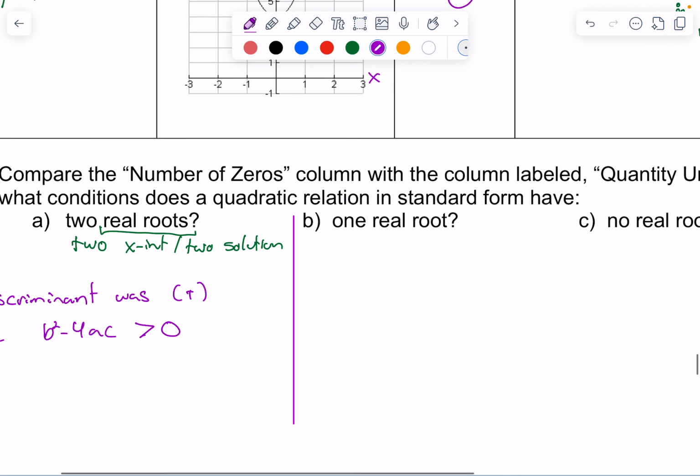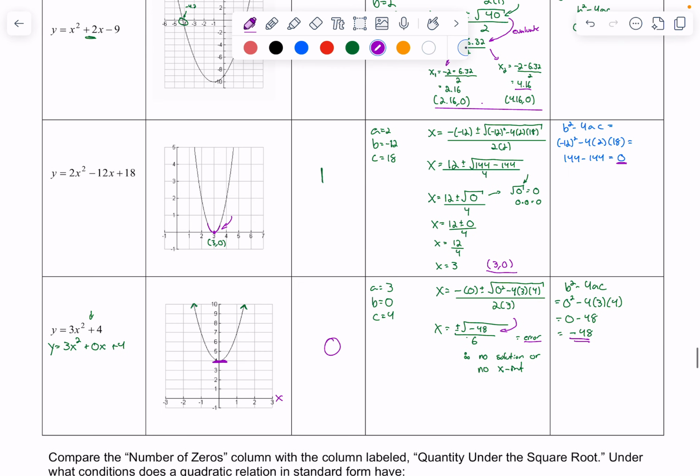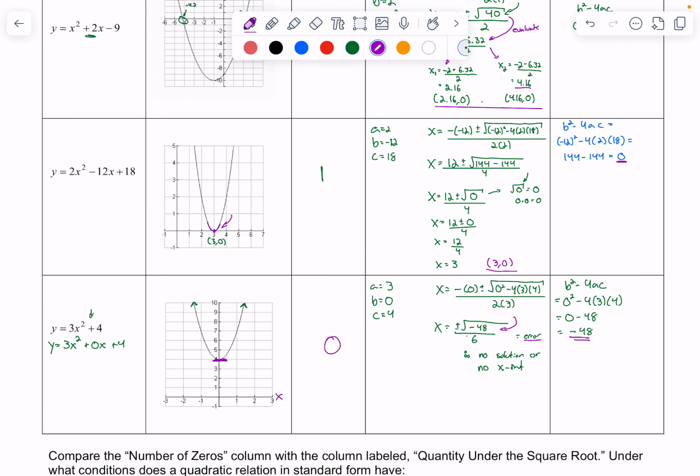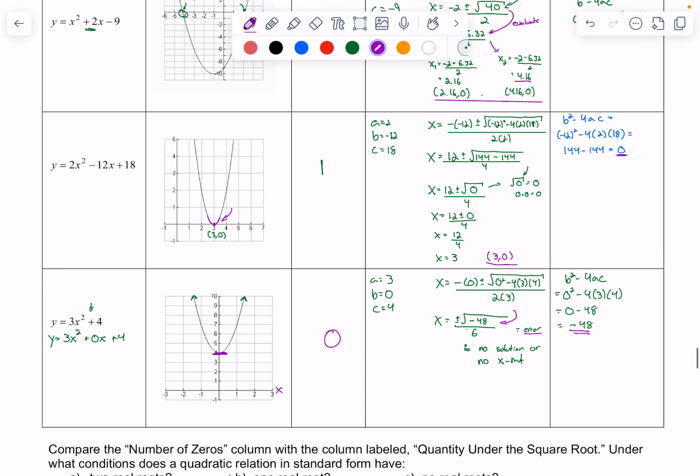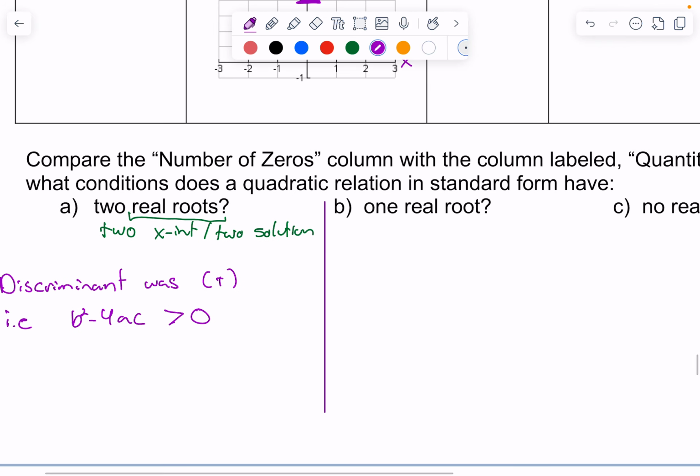One real root. Go back up. What was the scenario where we had one x-intercept? That was the second one, and that happened when you had a 0 under the square root. So here, the discriminant, the thing under the square root, was equal to 0, or b squared minus 4ac equals 0.